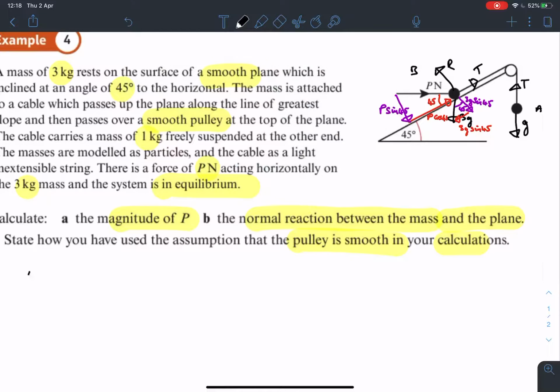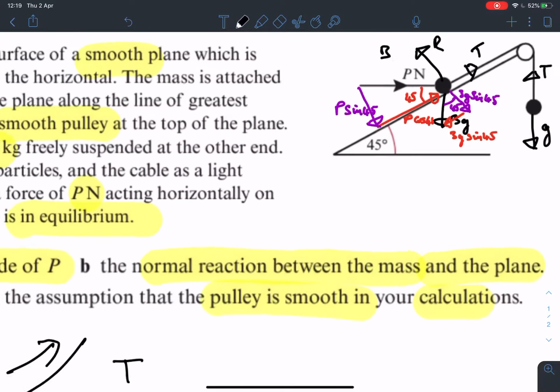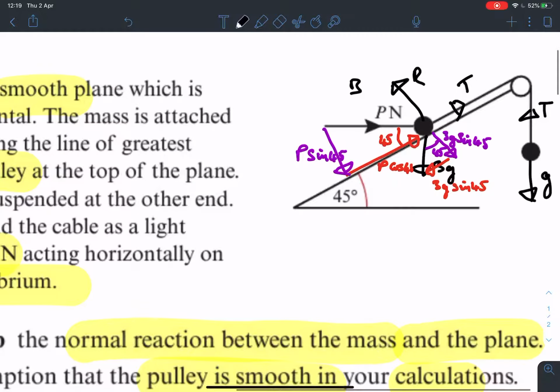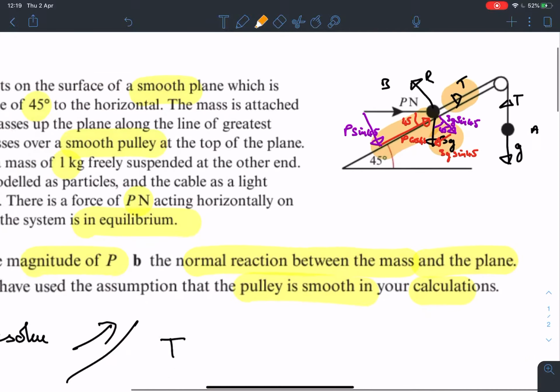So part A, we are going to resolve parallel to the plane and up the plane, and we get T. Let's look on here and just see which other bits we've got. So in that direction we've got 3g sine 45, p cos 45 and T as our three forces in that direction.